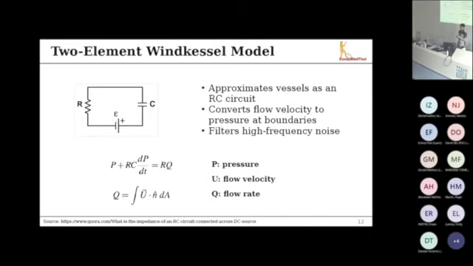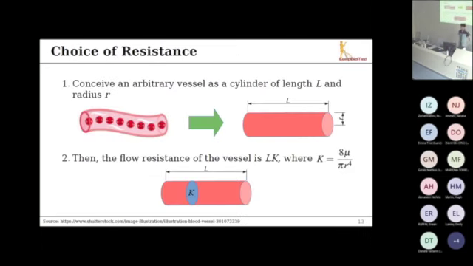This model basically converts the flow velocity, which is given by the main solver, to the pressure, which is required by this solver. This model has the advantage of being able to filter high-frequency noise, which often makes the simulation unstable.